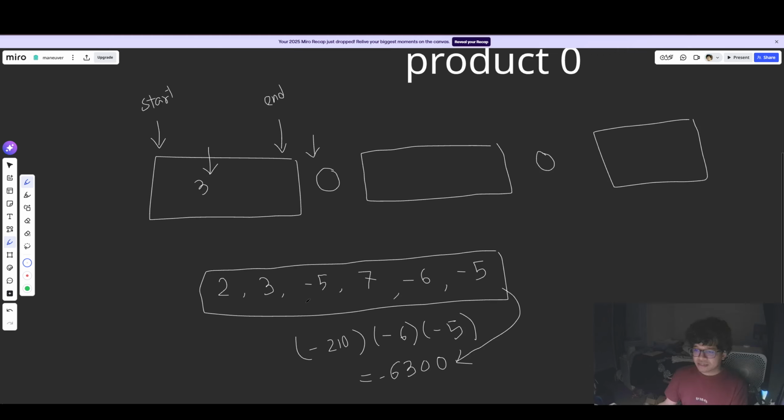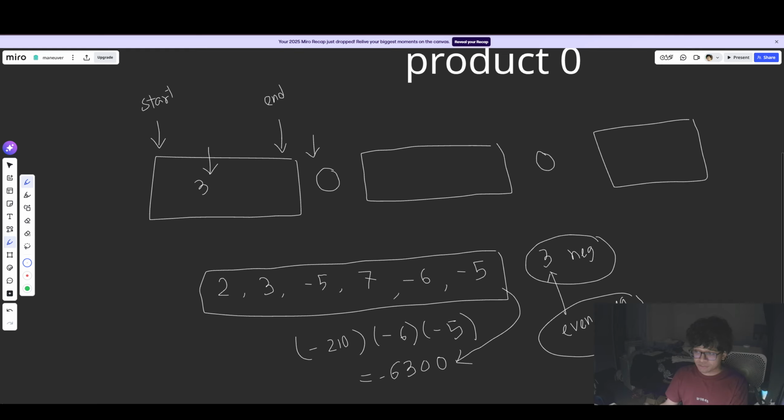So what is actually the maximum product? To calculate this, we have 3 negative numbers, and our goal is to maximize the product. So we want to get the closest even number of negatives.